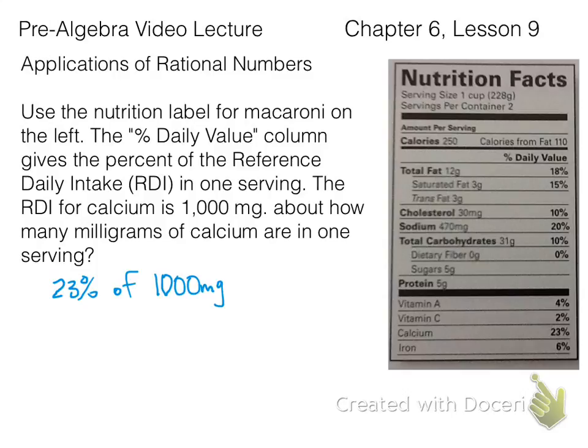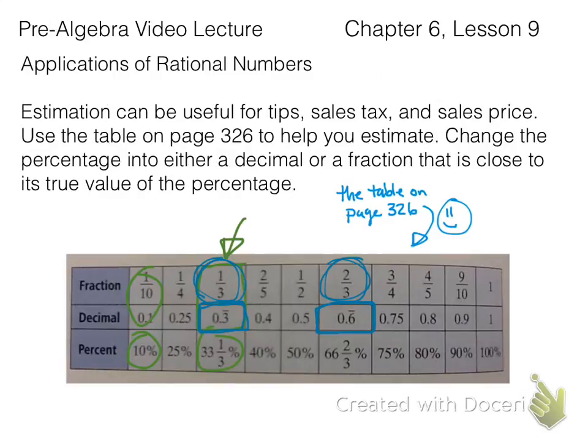Okay, so anyway, we need to know that we need 1,000 milligrams a day to get the amount of calcium our body needs. This macaroni says it provides 23% of the calcium needed in your everyday life, which again is 1,000 milligrams. Well, if we're going to estimate, because it says about, 23% is very close to, and if you go back to the previous page, 23% is very close to 25%, which is right there, right?